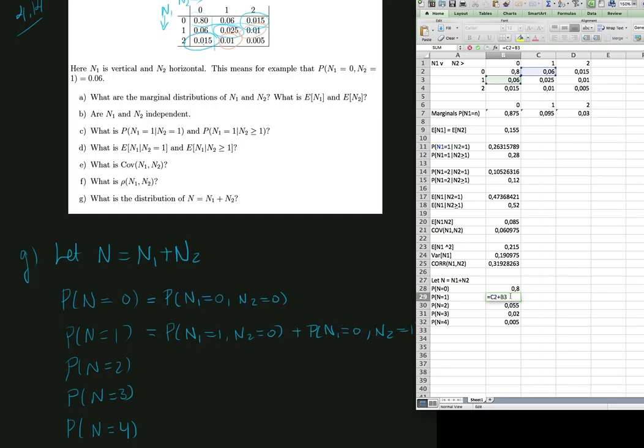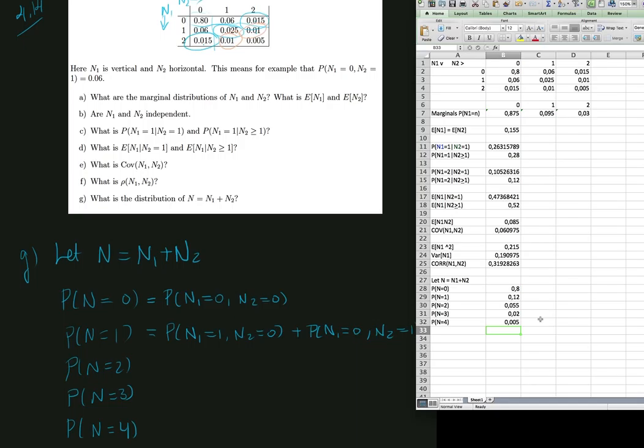The probability that N is equal to 1 is the sum of these two cases, and the probability that N is equal to 2 is the sum of the probability in these three cases, and probability of N being equal to 3, and the probability of N being equal to 4. So that was the end of exercise 414, which is long and filled with calculations. But again, sometimes it's really, really good to get in contact with the real numbers.